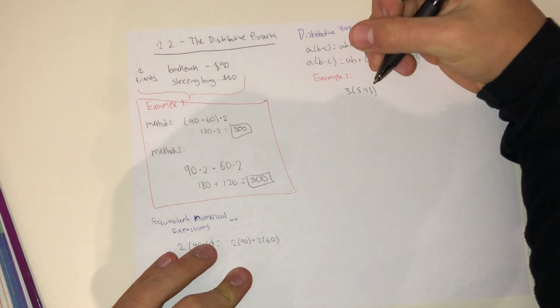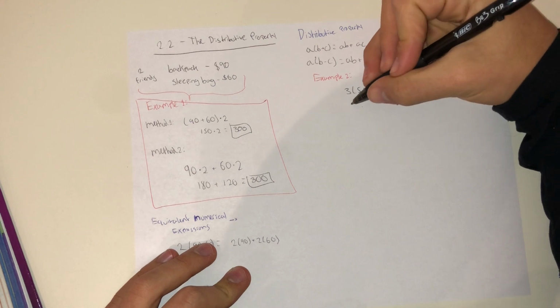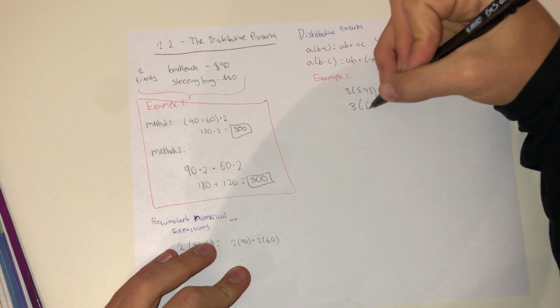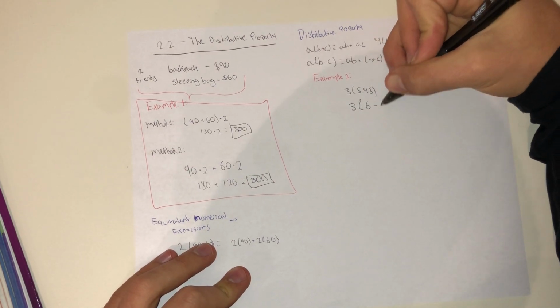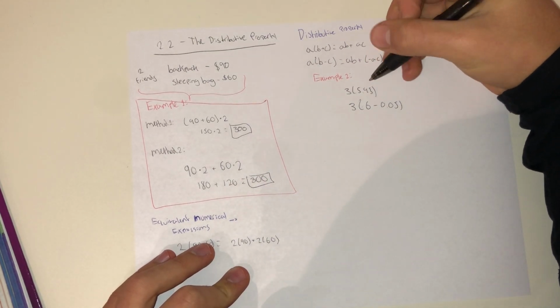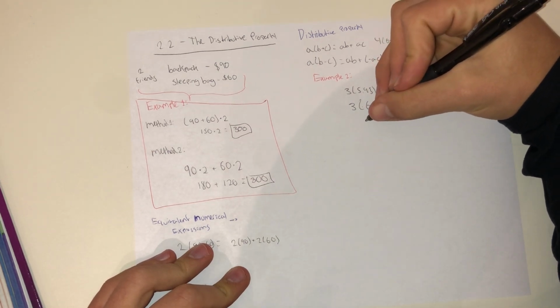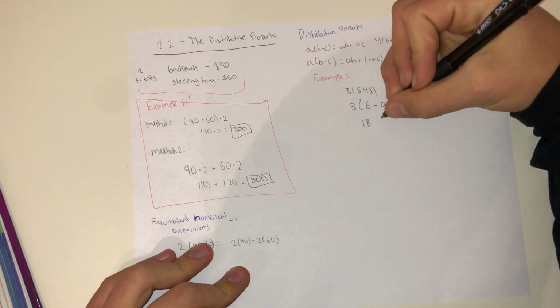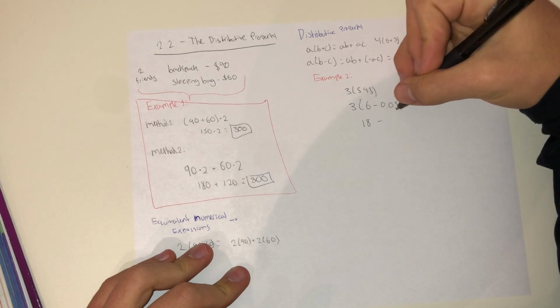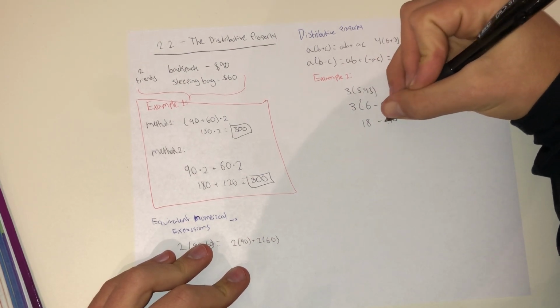You could do this using the distributive property by doing 3 times 6 minus 0.05. This is an alternate version of 5.95. So you could do 3 times 6, which is 18, minus 3 times 0.05, which would be minus 0.15.